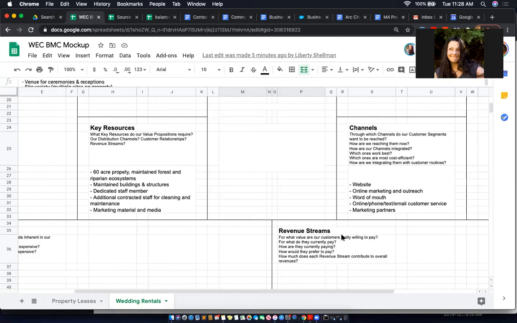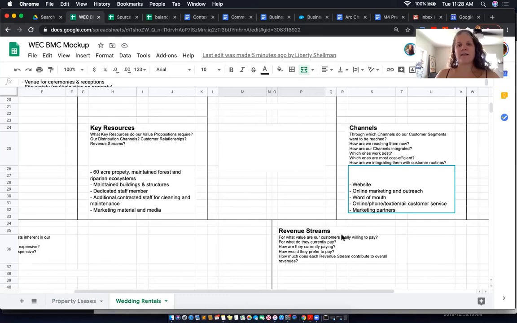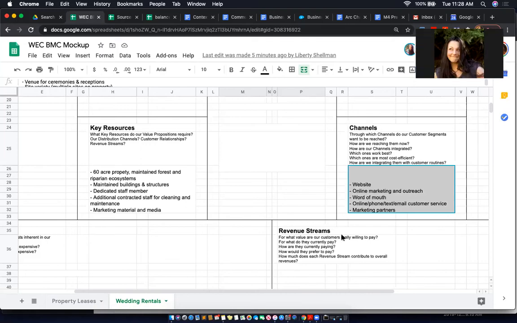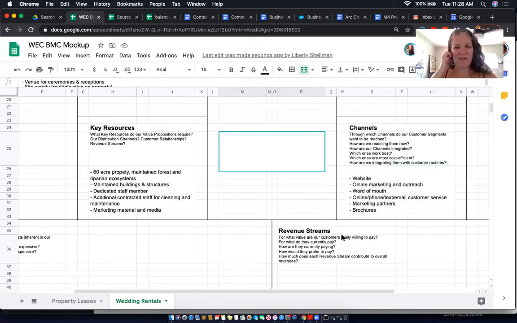PDF even, so you can send them in an email, but also print brochures, because if you're asking some of your nonprofit partners to be aware that you do weddings and to give referrals, they might find it helpful to have all the information concisely in a good looking brochure. Great. Sorry, continue. I just wanted to add that and then we can move on.